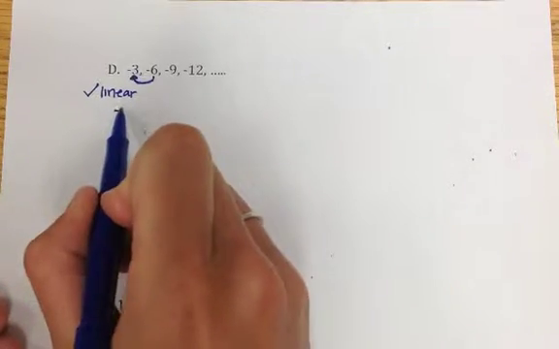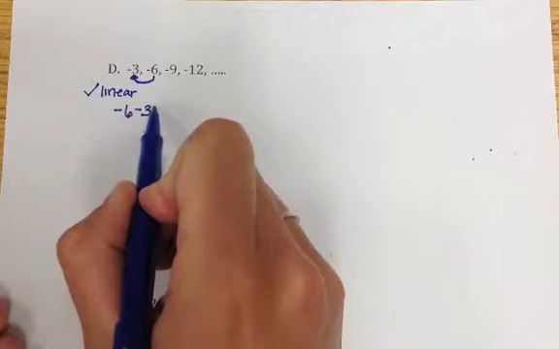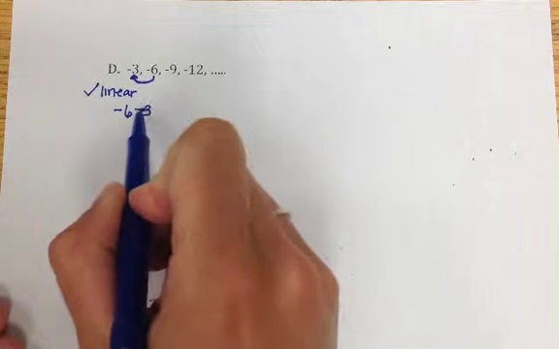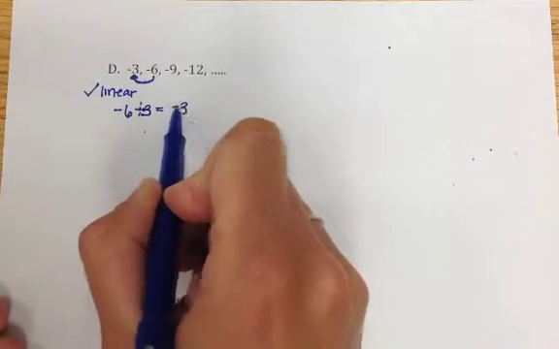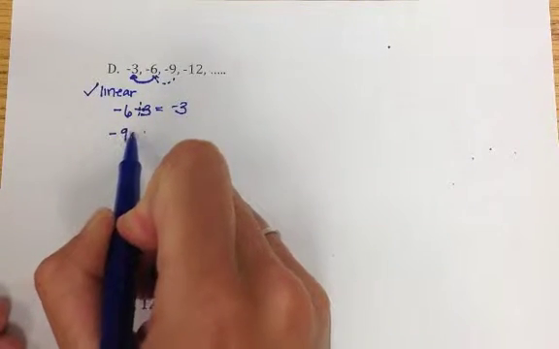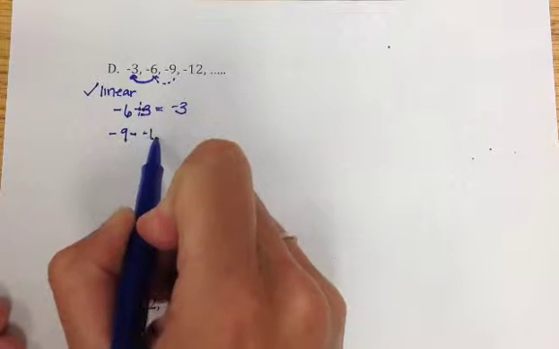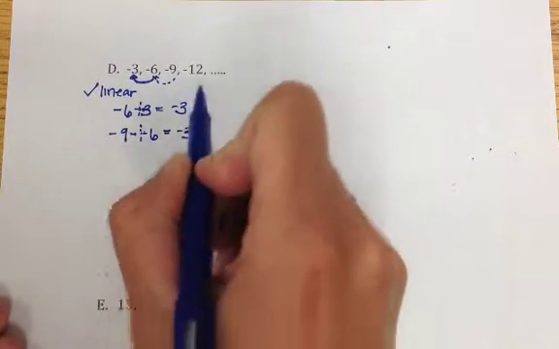Next minus previous, so you're going to have negative 6 minus negative 3. So 2 negatives become a positive, and that would be negative 3. The next one, negative 9 minus a negative 6. 2 negatives become a positive, negative 3.